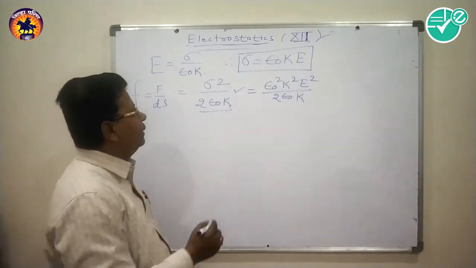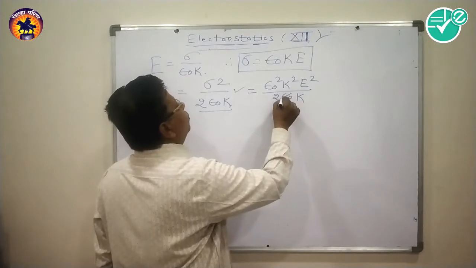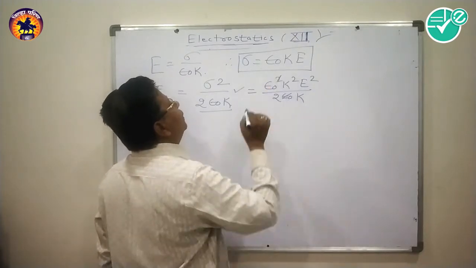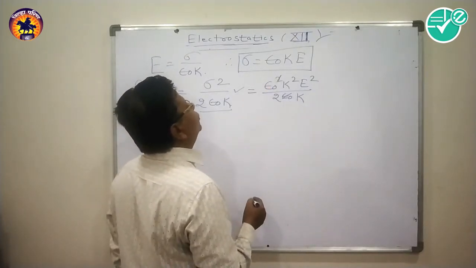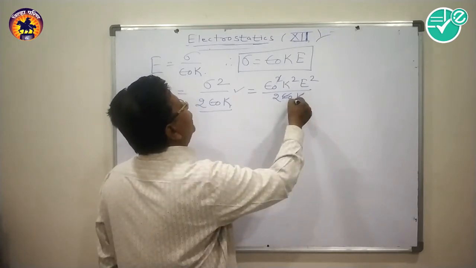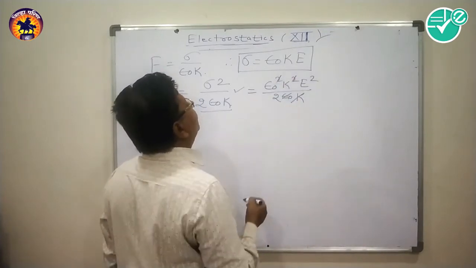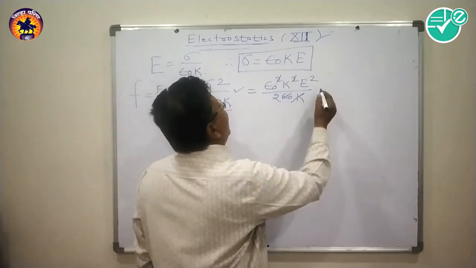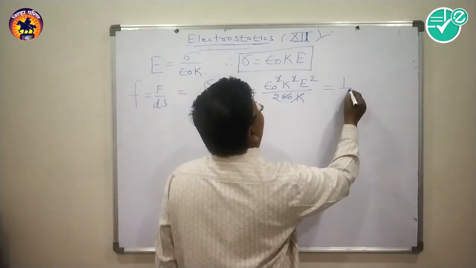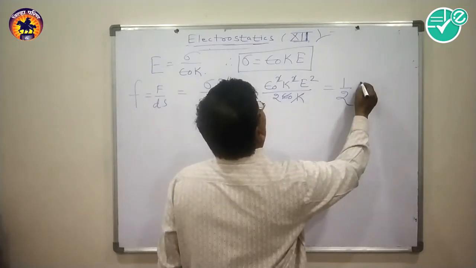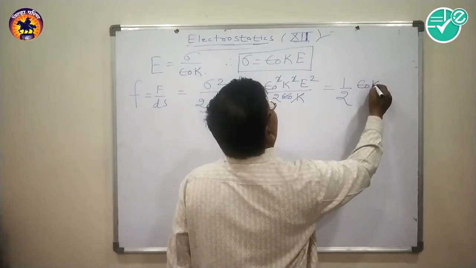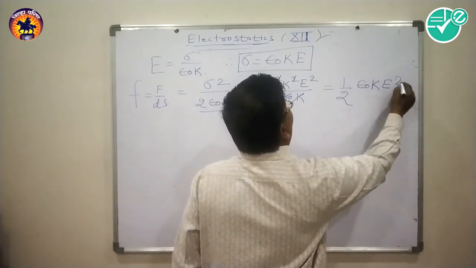And in this we cancel out one epsilon 0 with this epsilon 0, we cancel one K with this one K, and the final expression comes out to be 1 by 2 epsilon 0 K E square.